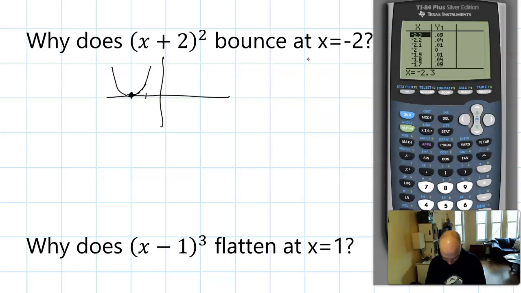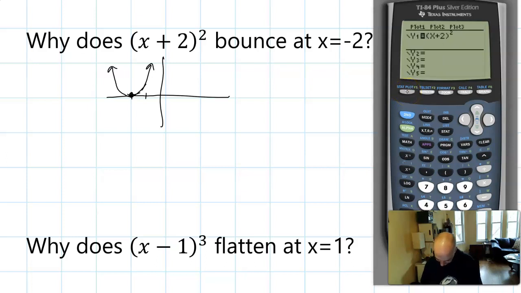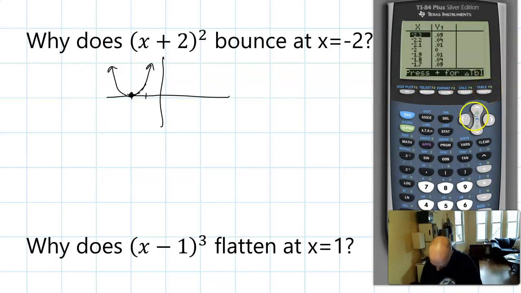But let's think about what's happening with the table of values for that graph. So I went to my calculator and I plugged it in, y equals (x plus 2) squared. And instead of looking at the graph, which I already know, I looked at the table. And scrolling over to negative 2, you can see the 0. But just look at what happens as I go by 0.1s approaching that, right? As I go, I'll start at maybe negative 1.